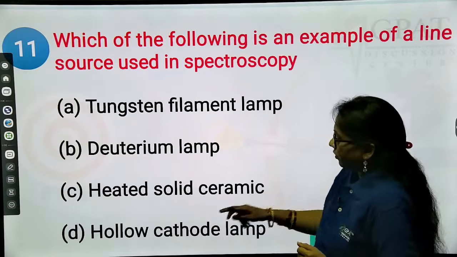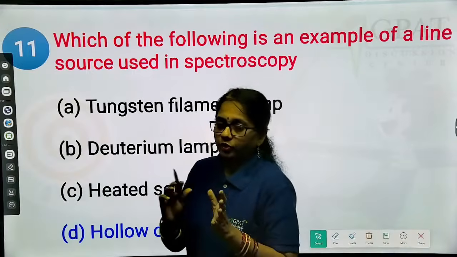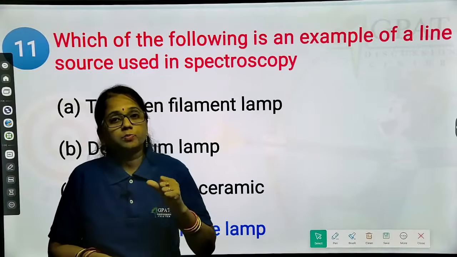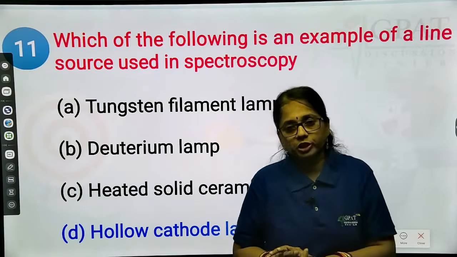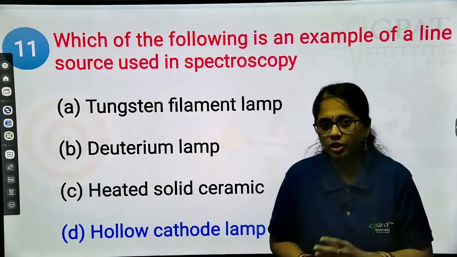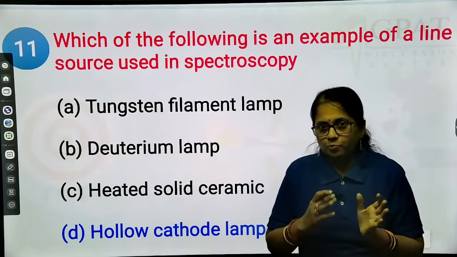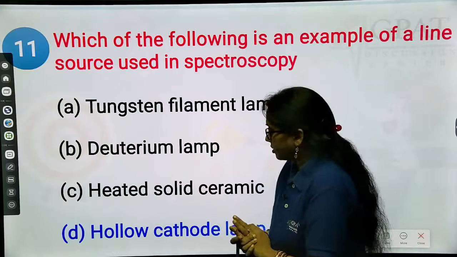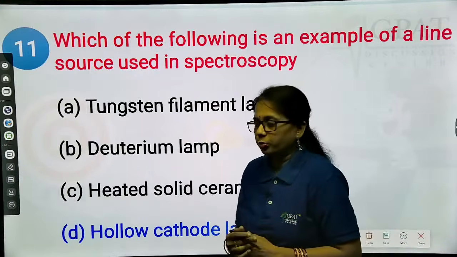In case of the hollow cathode lamp, we use it in atomic absorption spectroscopy, where we analyze the elemental analysis. Only a specific element has to be absorbed. In that case, only the line source, only discrete lines are going to be observed.